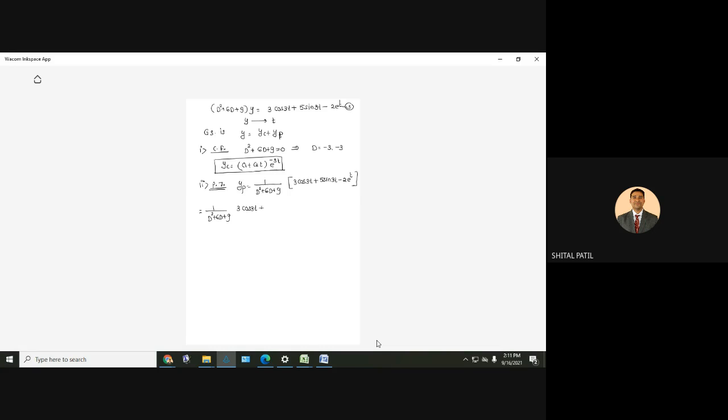Do you remember the shortcut method? Hope anyone remembers the shortcut method. So D square is to be replaced by minus a square. Here also same thing.